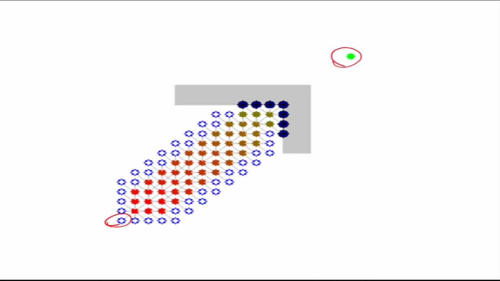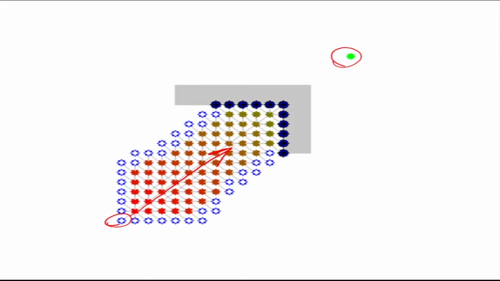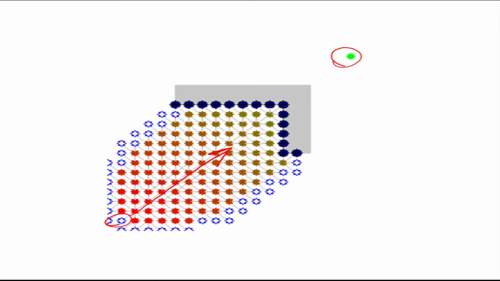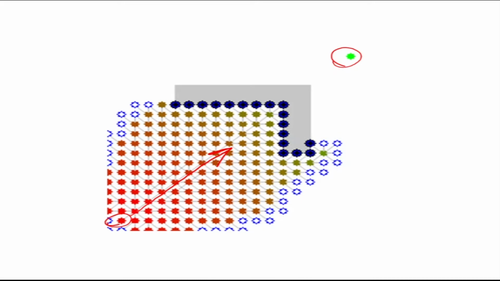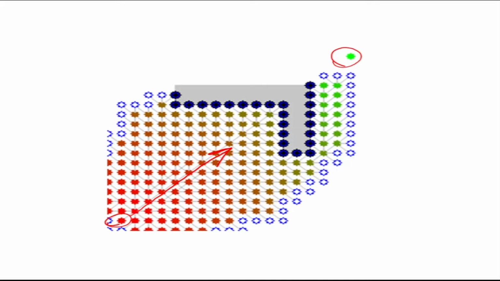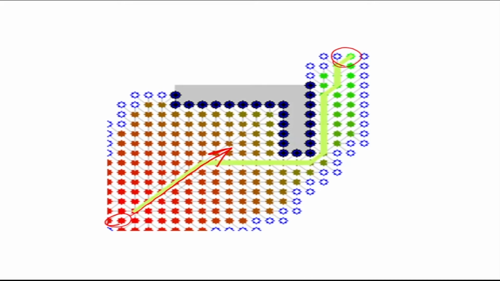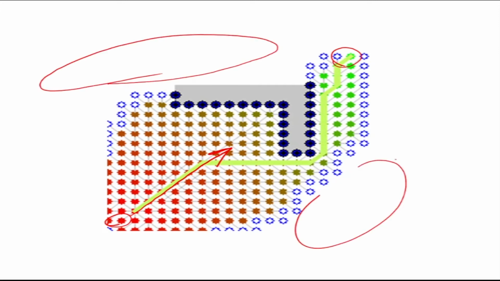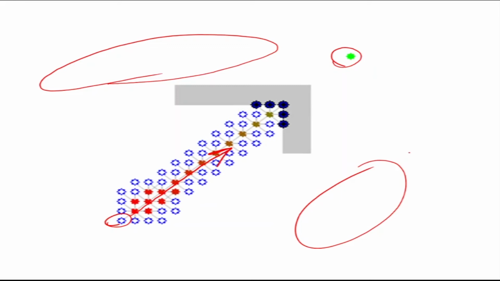The robot starts off by going straight towards the goal, because that is the direction in which the distance is least, okay. As it hits that obstacle, it finds surrounding areas, and then it goes again towards the goal and finds the path. That's the path. It's interesting that it did not search here, unlike Dijkstra's algorithm where it was searching everywhere.